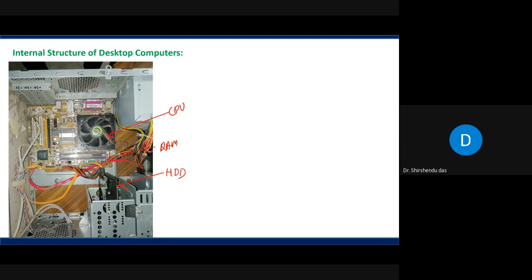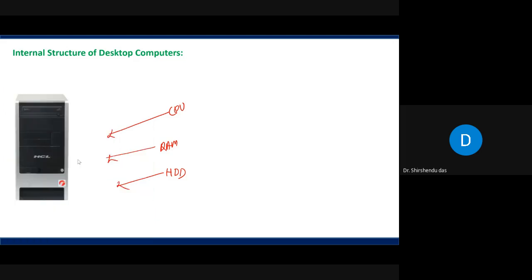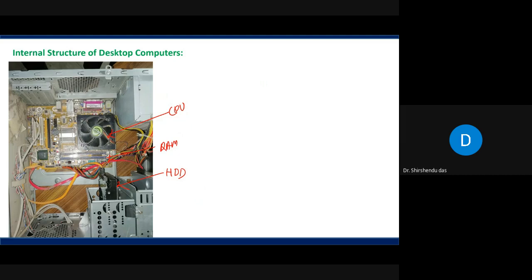But there is an alternative option also: you can go to a computer shop and assemble your computer, mainly a desktop computer. Assemble means you can purchase the box, or cabinet, separately. You can purchase the hard disk, motherboard, processor, everything separately, and combine everything together to create a computer. Many times we do this also.